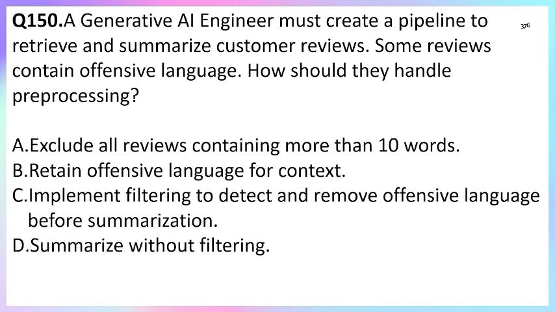Option B, retain offensive language for content. No, it will not work. Option C, implement filtering to detect and remove offensive language before summarization. Yes, option C is correct. Option D, summarization without filtering. No, option D is also wrong. So the correct answer is option C.